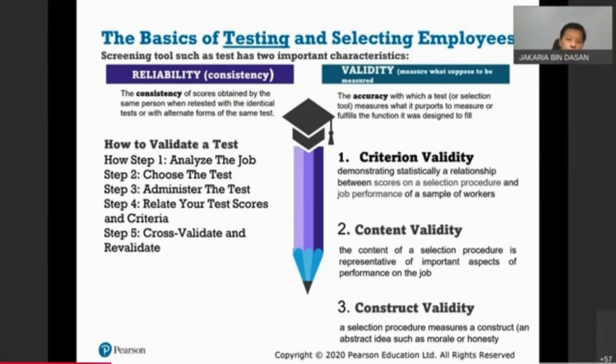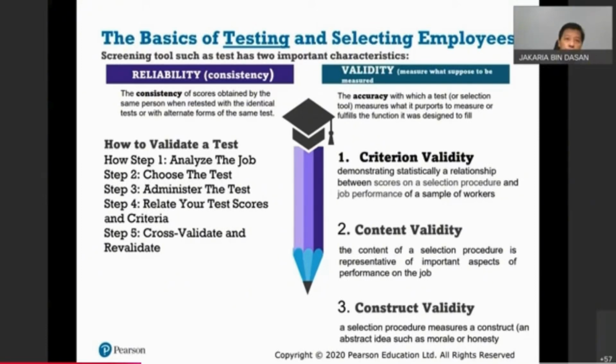This is what analyzing the job refers to. So we have the job specification, we know who the candidate is that we are going to choose. We can portray the traits, attitudes, and behavior of this candidate. So this is what we call analyzing the job that we require the new employees to come in.